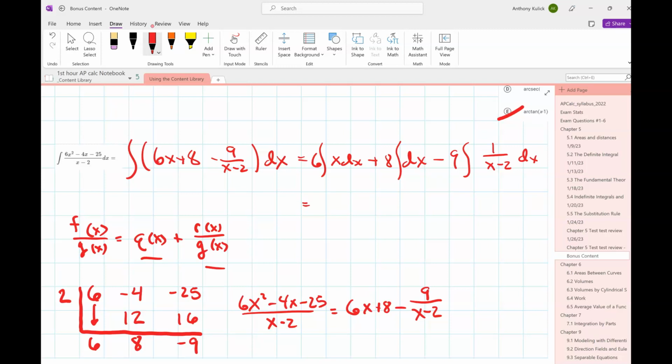So the integral of x is just going to be x squared over 2. The integral of dx is just x. And how do I do the integral of 1 over x minus 2?